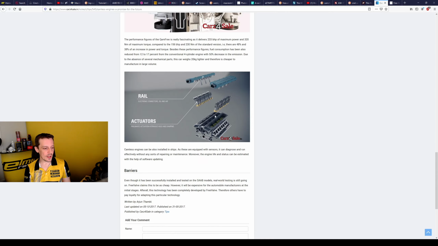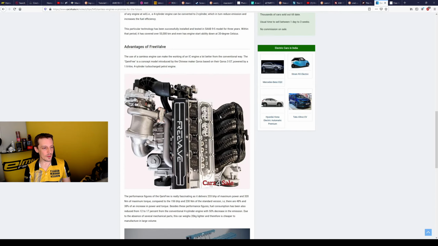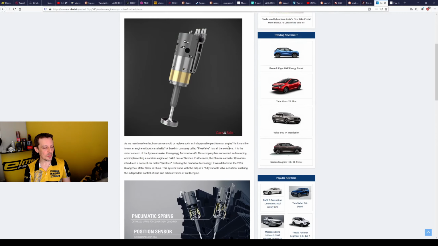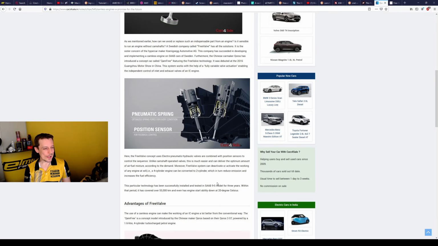But definitely a super interesting technology, and I'm definitely following along with this. But for super high RPM stuff, I'm not really sure. I don't think you're going to be able to do 20,000 RPM or something like that, but it might be possible.